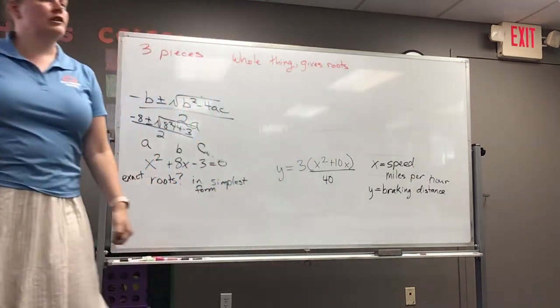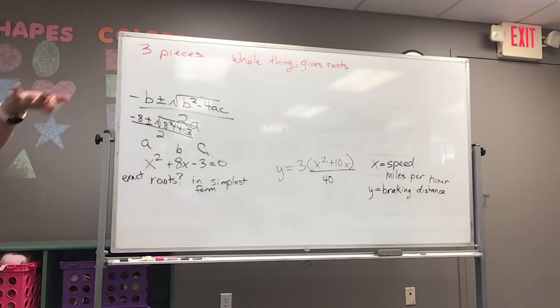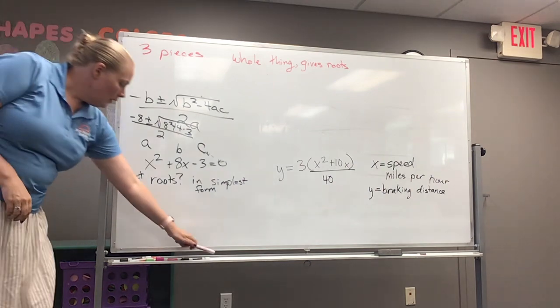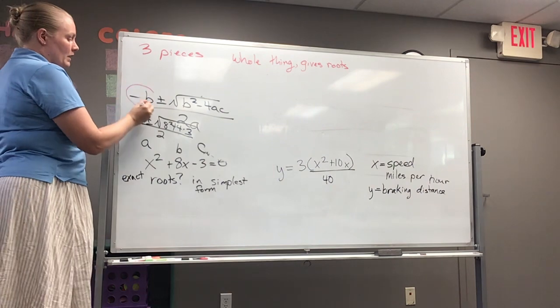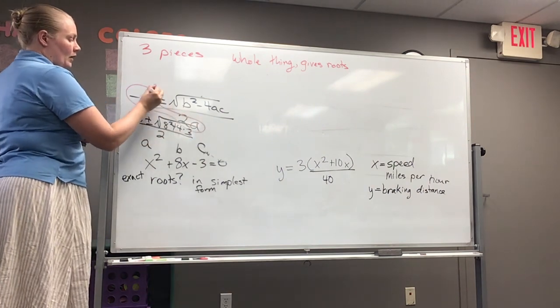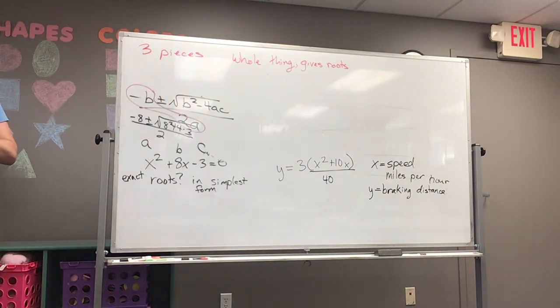Roots, zeros, solutions, x-intercepts, all the same thing with different names. But this negative b over 2a, do you know what that gives you?